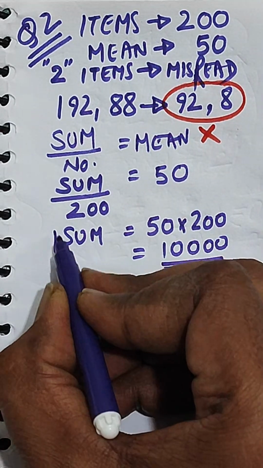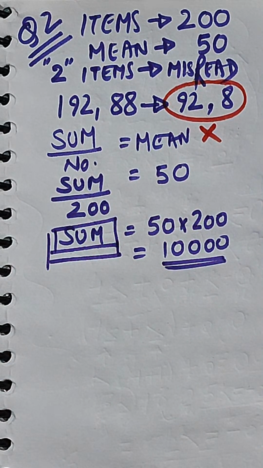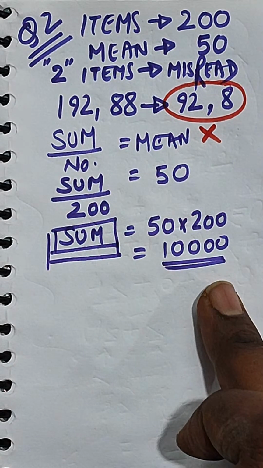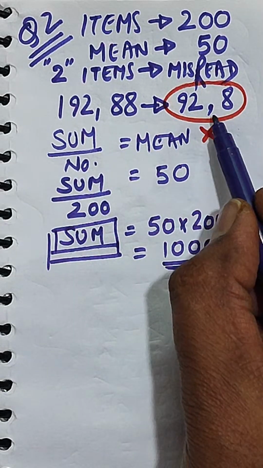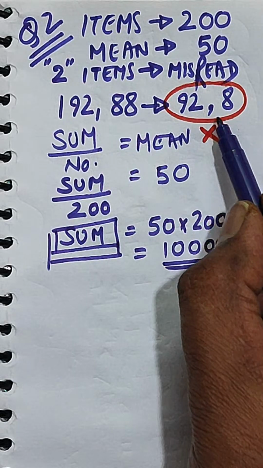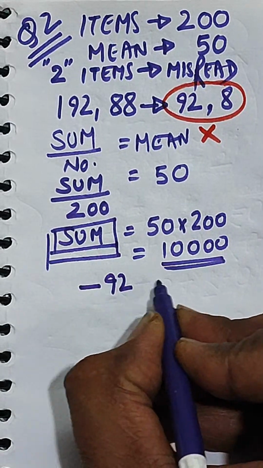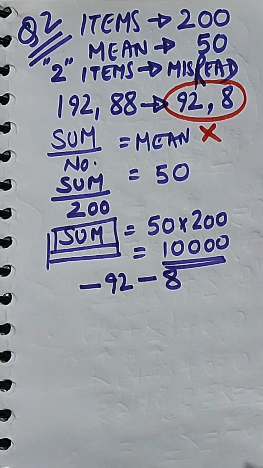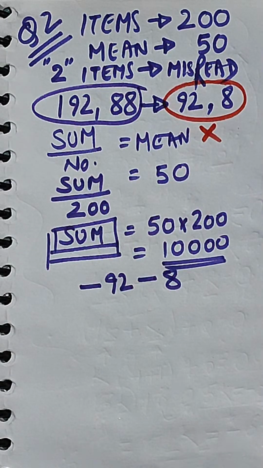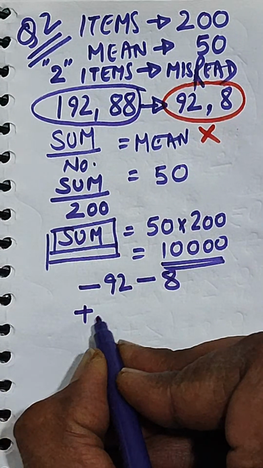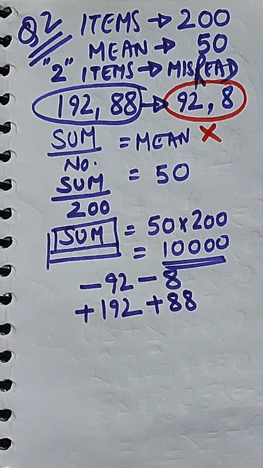So 10,000 is the sum, which is calculated. Now from this what we will do, these two data need to be removed, 92 and 8. So we will subtract 92, subtract 8, and use this correct data 192 and 88. So we will add 192, add 88, right?